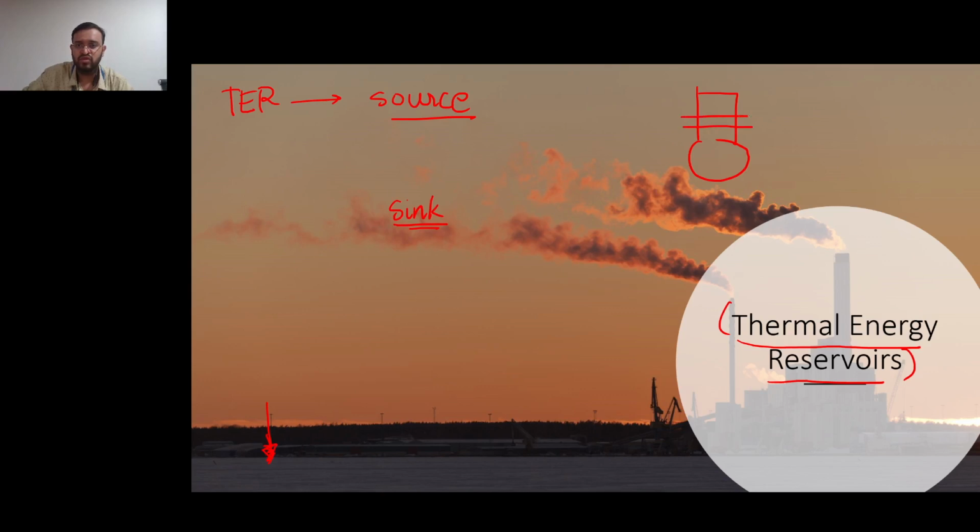Obviously, its surface gets hot, and the fins located on it radiate heat into the atmosphere. The atmosphere in this case can be considered a thermal energy reservoir, specifically a sink, because we are putting a finite amount of thermal energy into the atmosphere, and its overall temperature does not change appreciably because of this input.